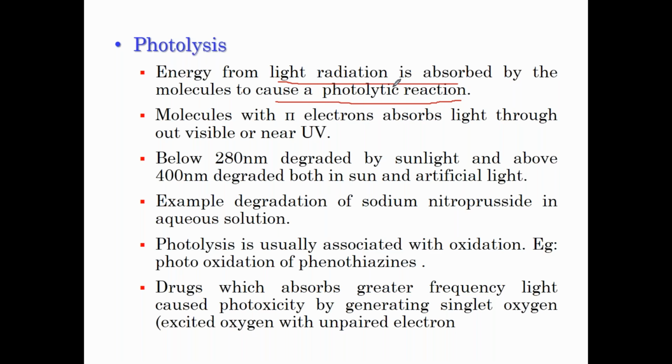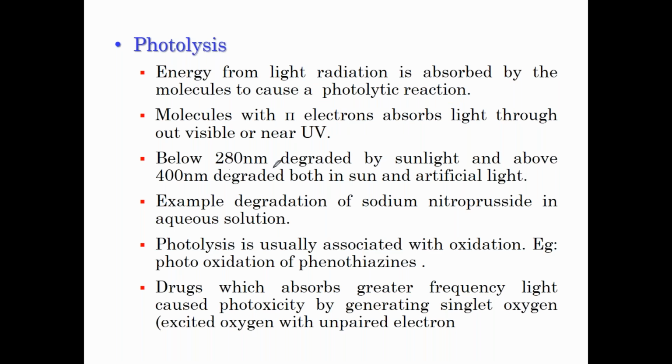It means if the drug's chemical structure has the capacity to absorb this radiation, then only you can expect this kind of photolytic reaction to happen. This reaction can happen mainly because of the pi electrons absorbing. The drugs sensitive to photolysis generally have pi electrons, and these pi electrons have the capacity to absorb UV radiation, or radiation near the UV range.